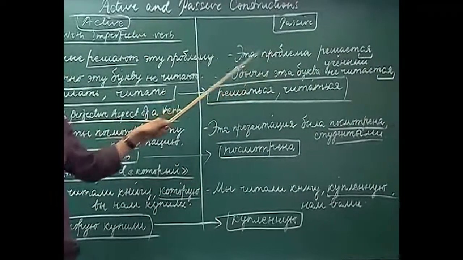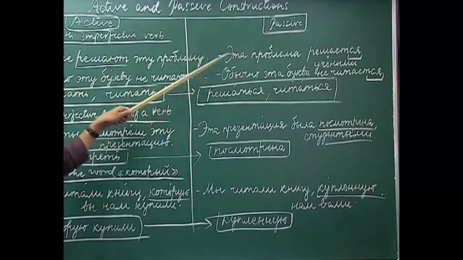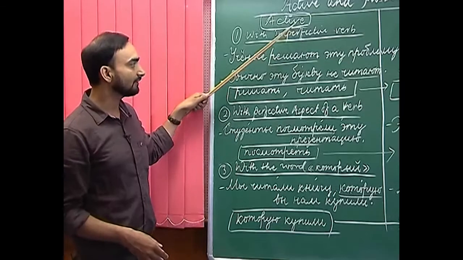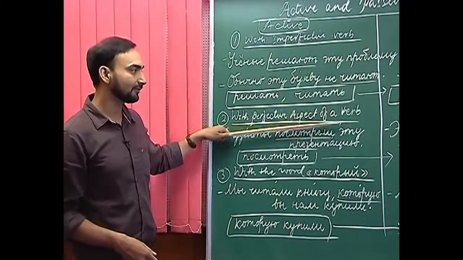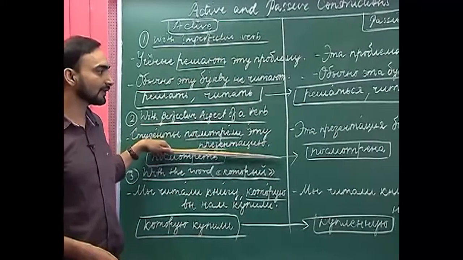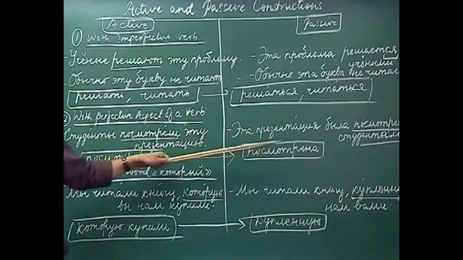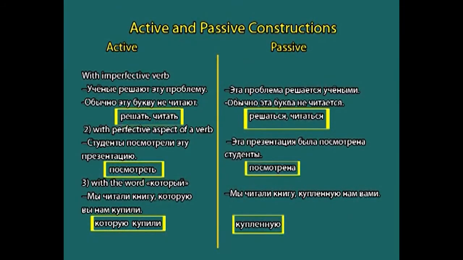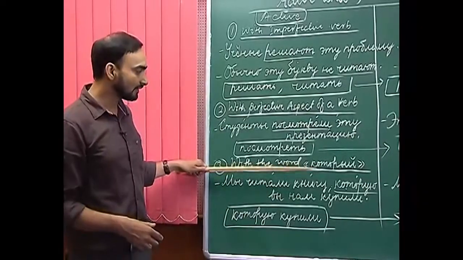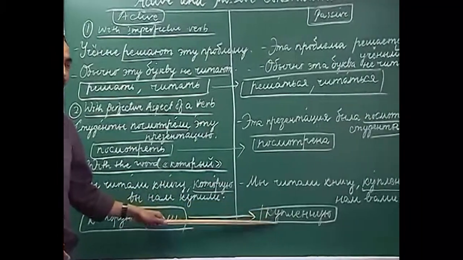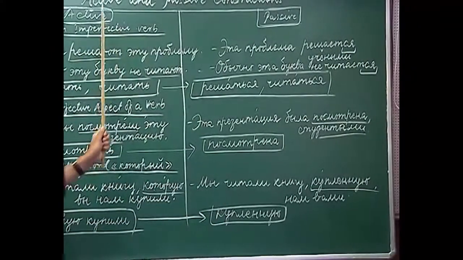The second type is with the perfective aspect of a verb. We use the short form of the passive participle. And the third one is with the word katori. If the active construction has the word katori, then we use the full form of the passive participle to change the active into passive.